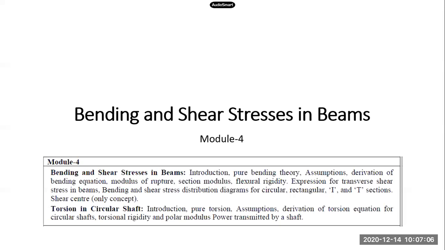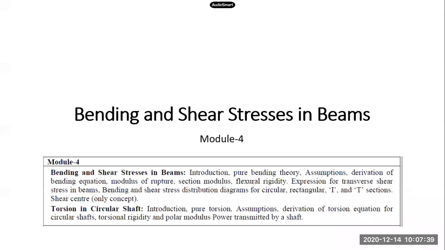So these are the two stresses we see in case of beams: bending stress and shearing stress. Bending stresses are due to transverse bending of the beam. Shearing force within the beam causes shear stresses to develop. We'll see how these stresses are actually developed. So this is what it is about: bending and shear stresses in the beams.